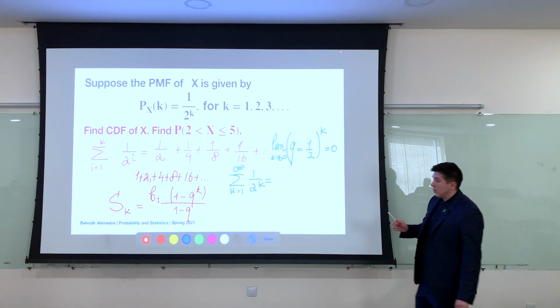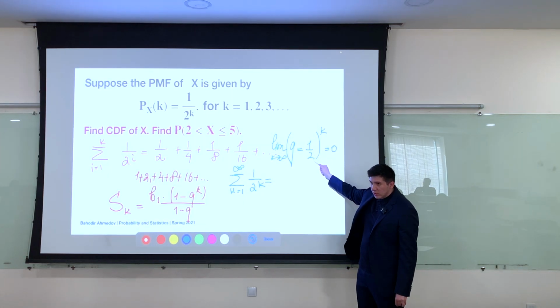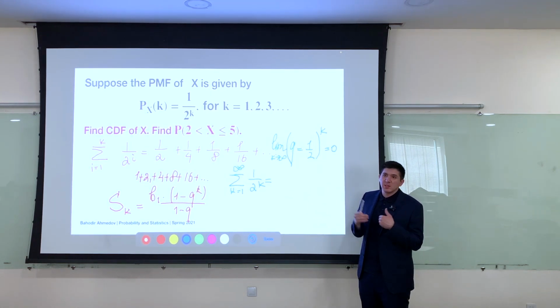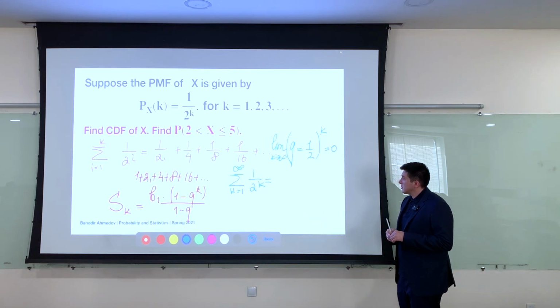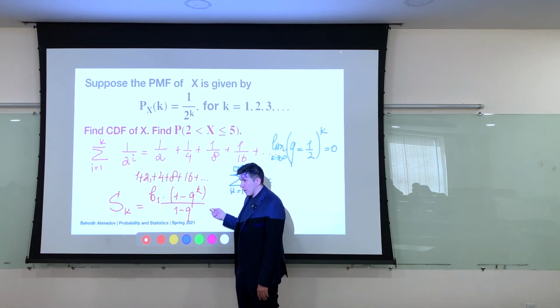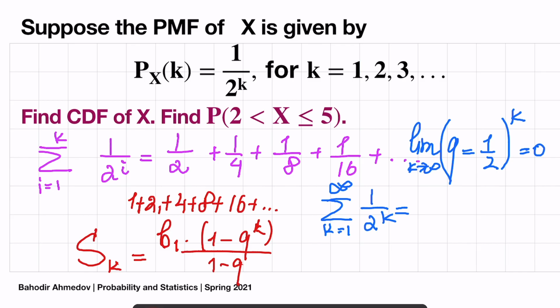Do you agree? Yes? So 1 over 2 to the power of k, when k is a huge number, is obviously going to be equal to 0 as k goes to infinity. It's super clear, right? That is why in this formula we can just neglect this term, because it is 1 minus 0 when you sum infinitely many terms.